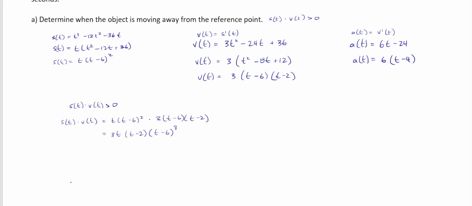I'll pause it and let you see if you can try graphing it. The alternative is to do a factor table and find when it's overall positive. So take a second and use either method to determine when the object is moving away from the reference point.